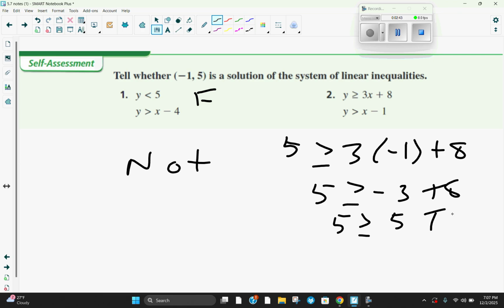That's true. The second inequality, I'm going to have 5 greater than negative 3 minus 1, and that's going to be true also. So 2 is a solution, it's true, and 1 is false.